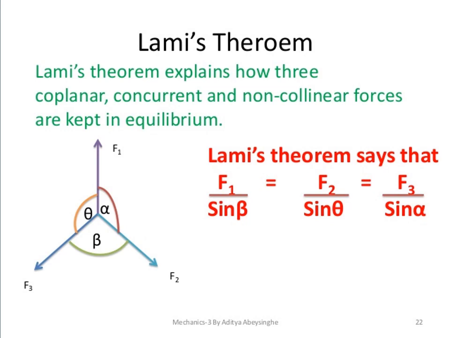Taking the proportionality constant, F1 by sin beta equals F2 by sin theta equals F3 by sin alpha. Do you understand? This is Lami's theorem. Each force is proportional to the sine of the angle opposite to it.